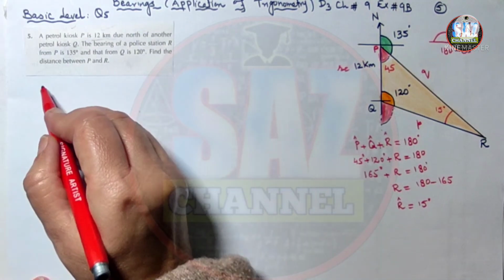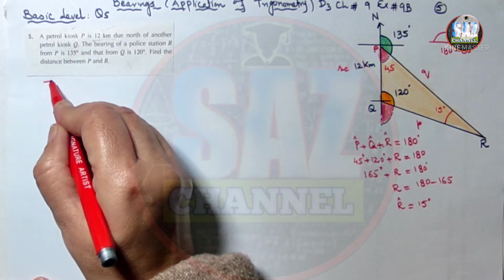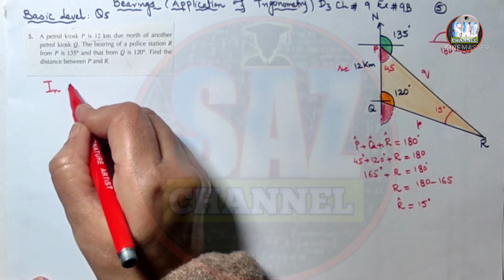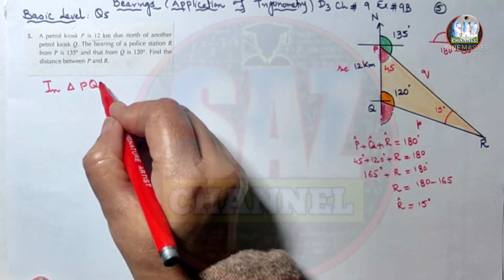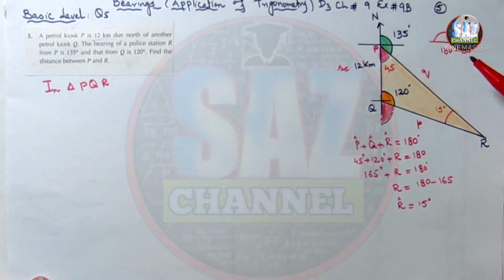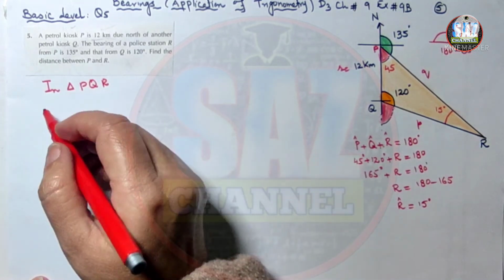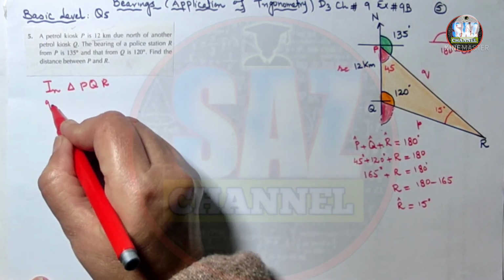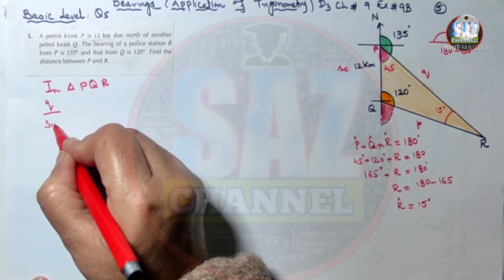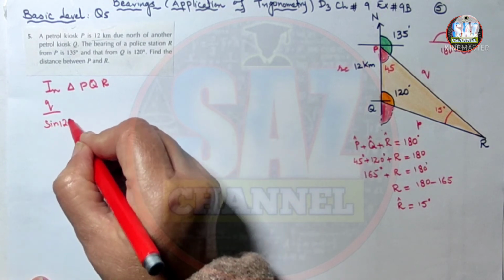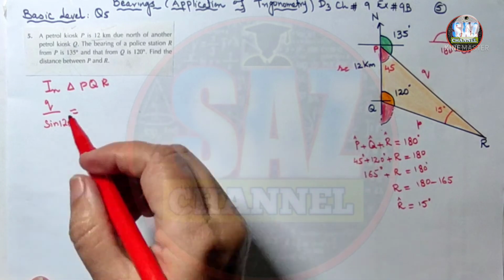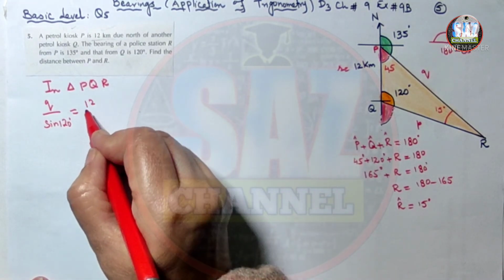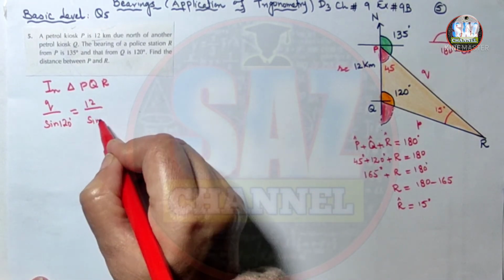In triangle PQR, we are going to do q upon sine 120 degrees equals to this is r, which is 12 upon sine 15 degrees.